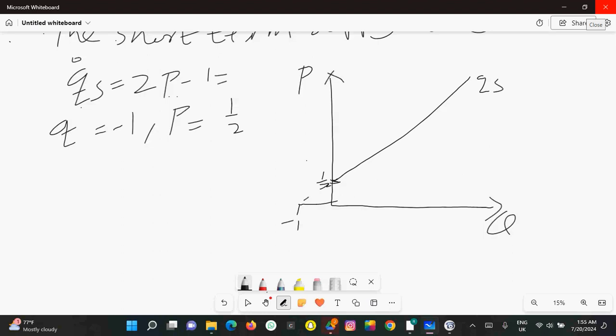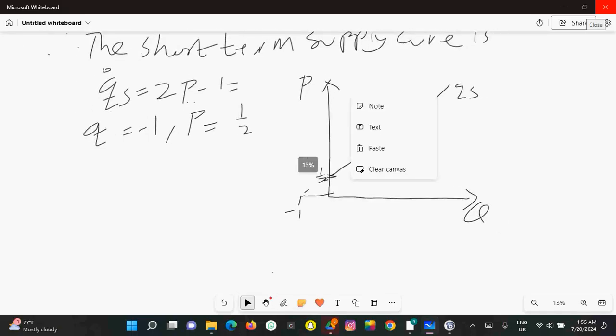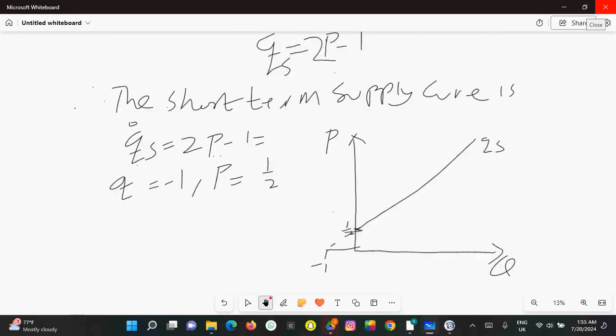So we've done this both algebraically and then graphically.